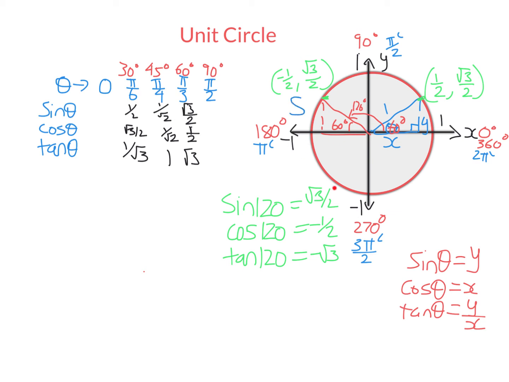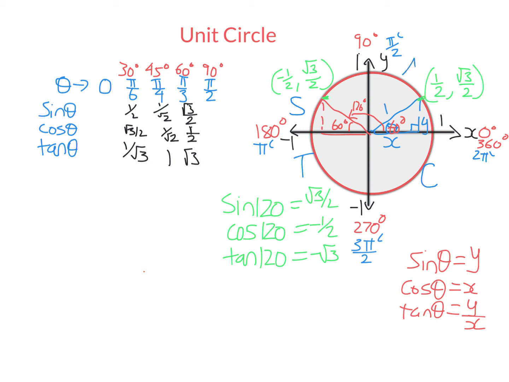In this quadrant down here, the x value and the y values are both negative, so sine and cos are both negative, but tan is negative over negative. It will be positive. So only tan is positive in this third quadrant. In the fourth quadrant, only cos is positive, but in this first quadrant, everything is positive.